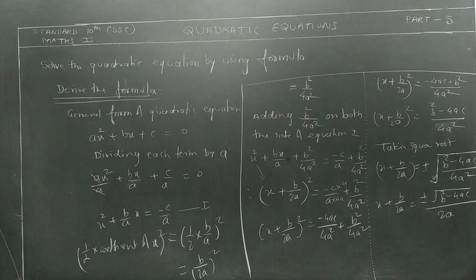A. So have you understood this? So what is the value of x then? Plus or minus, correct? Or x plus b is equal to plus or minus root of b square minus 4ac upon 2a, or we'll do one thing, we'll write over here, okay?